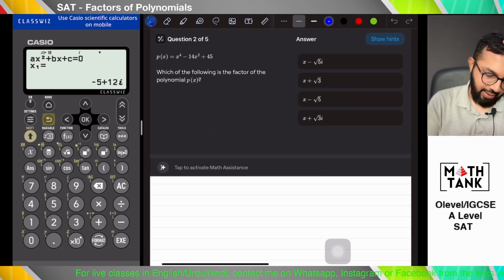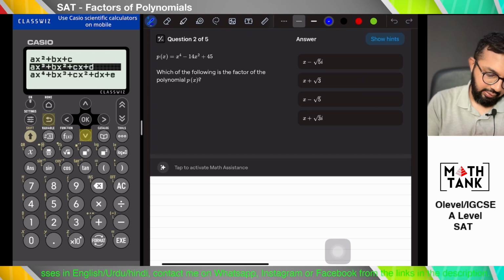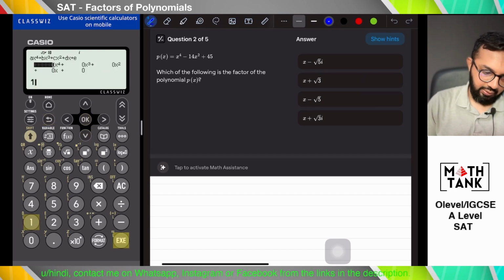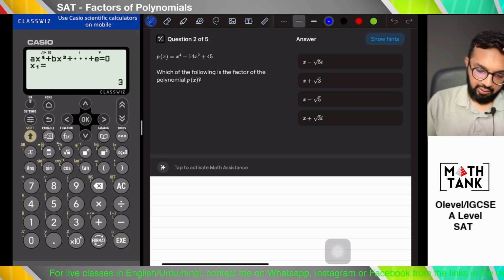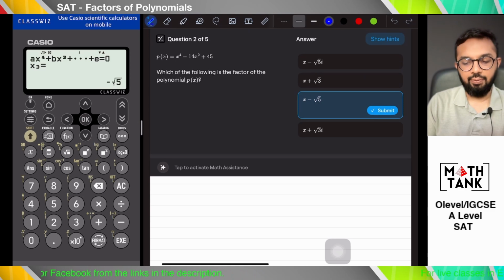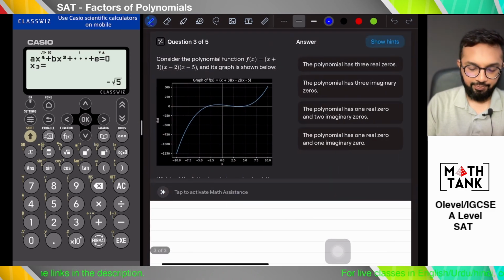So I'm now going to solve a power 4 and say that 1, 0, minus 14 and 45. I'm getting 3, root 5, minus root 5. So I think that should be the correct answer if I'm asking you for factors.